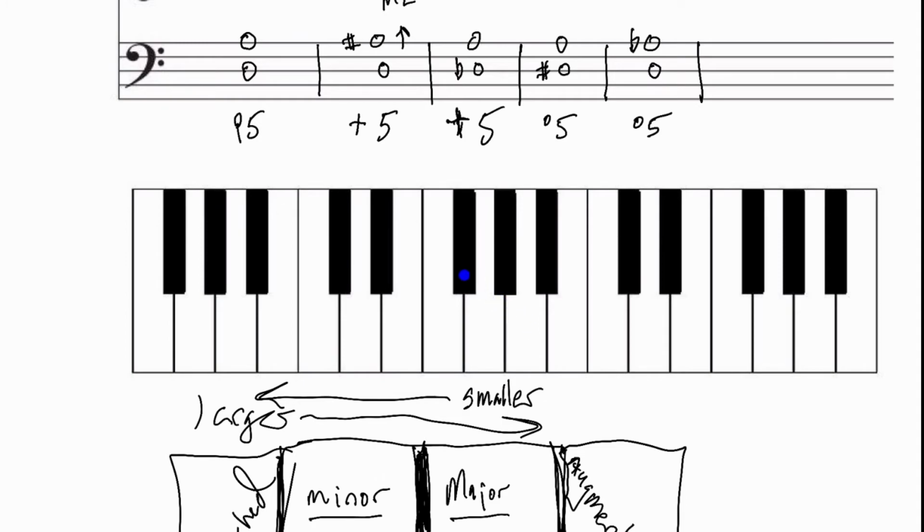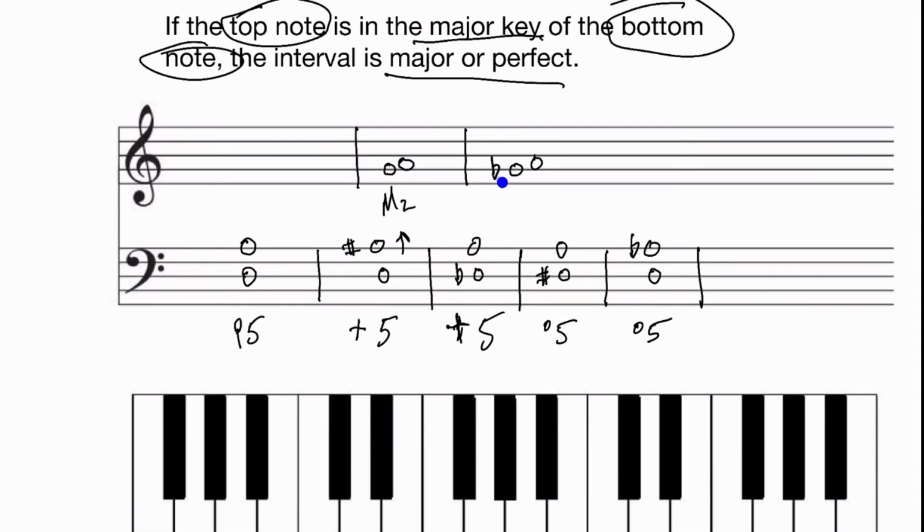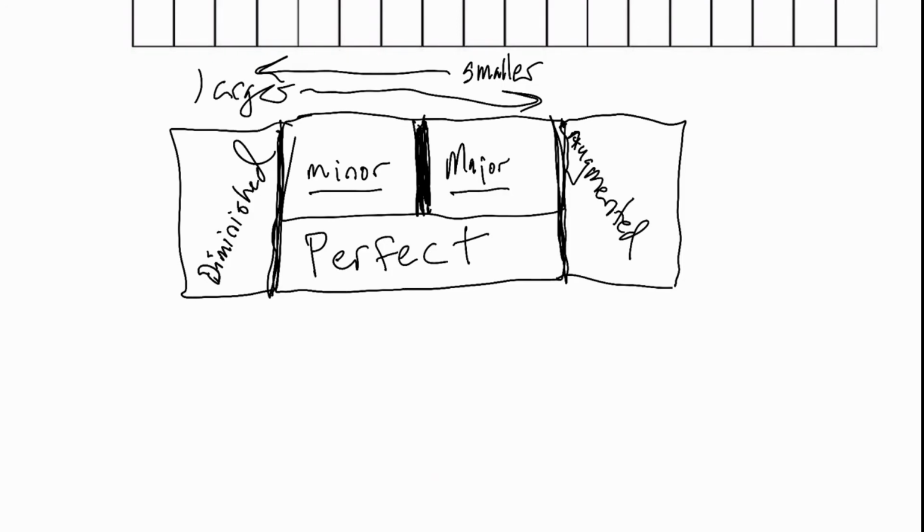Might look like a third on the keyboard, but again, the staff keeps you honest. Look at it on the staff. That is a second. This was a major second. We lowered the bottom note. Now it is an augmented second. So go back to the chart. If I have a major interval and I make it a half step larger, it becomes augmented.